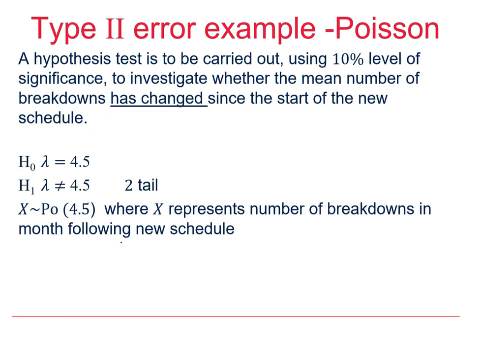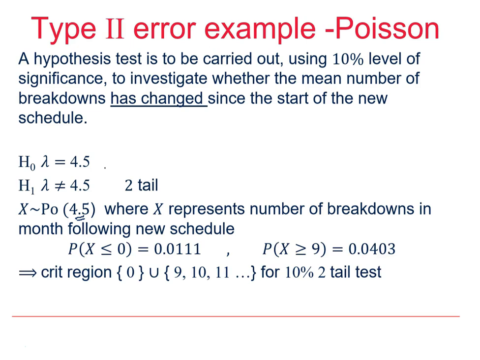So we have a two-tailed test at 10%. And initially we are modelling the number of breakdowns with a Poisson distribution with mean 4.5. We're assuming our null hypothesis is true. And we're looking for the extreme values at each end, and remember we need to be less than or equal to 5% at each end. This is a test at 10%.